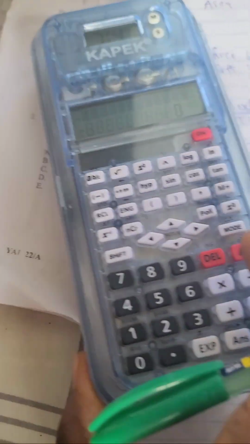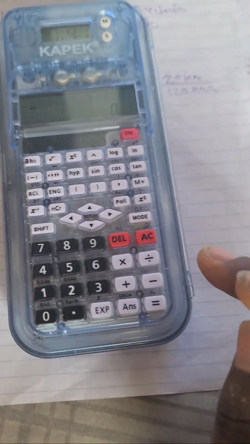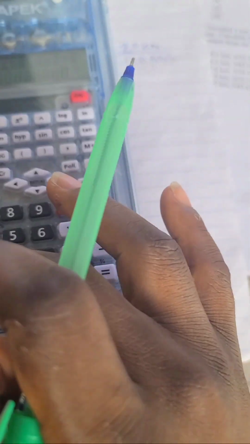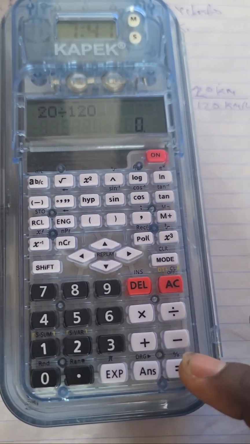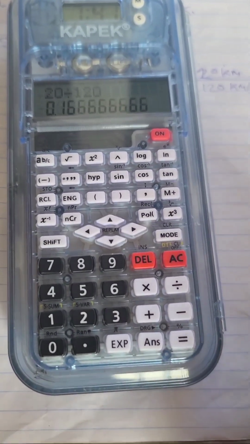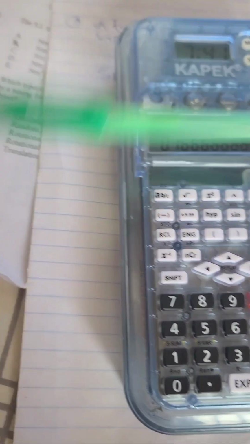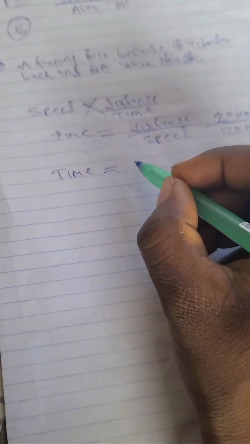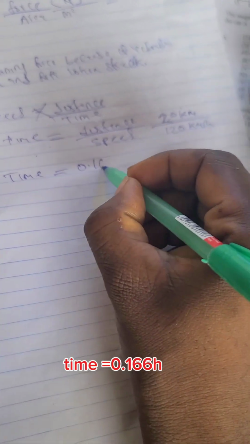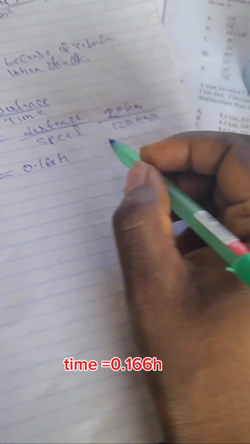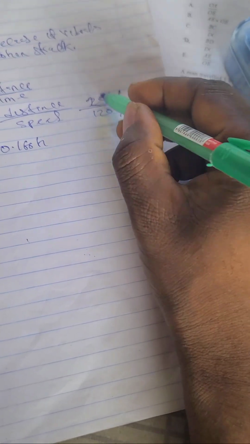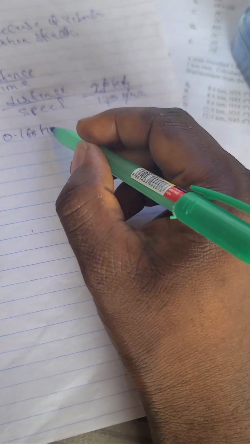So let's go to our calculator. 20 divided by 120 equals 0.166. So our time is 0.166 hour, or approximately 0.167 hour. Remember, kilometer cancels kilometer, so we remain with hours.